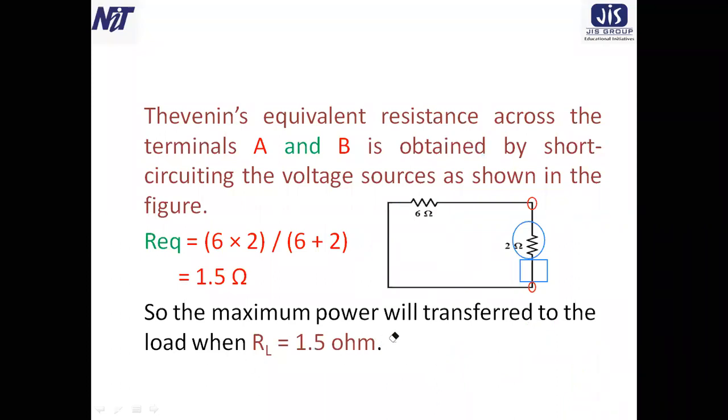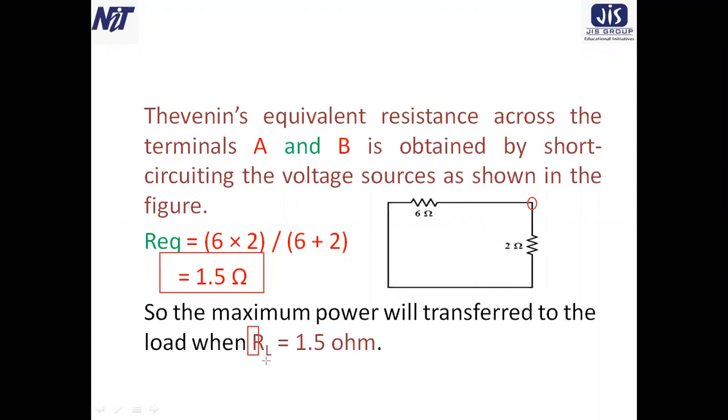So the maximum power will transfer to the load when, now tell me, what is the property of the maximum power transfer theorem? Maximum power will transfer through the circuit when the load resistance equals the internal resistance. What is the internal resistance in the circuit? RTH, which we measured just now, 1.5, that is the internal resistance.